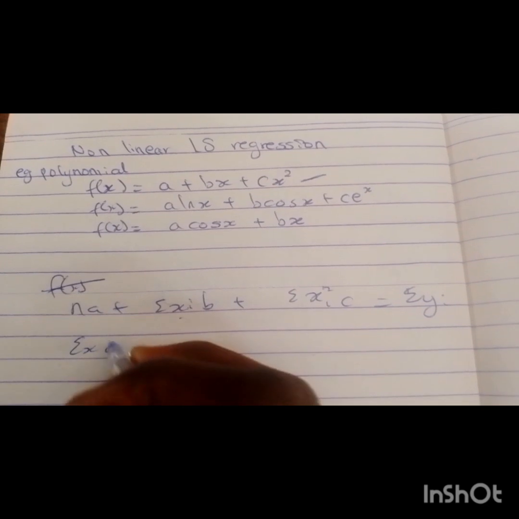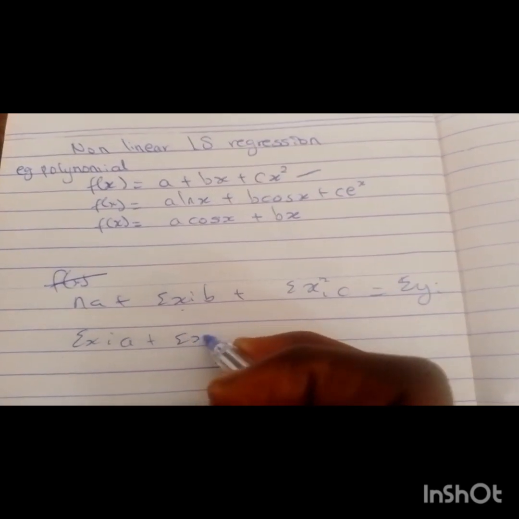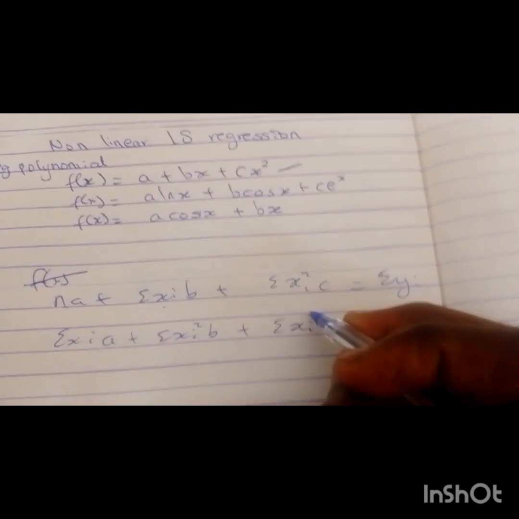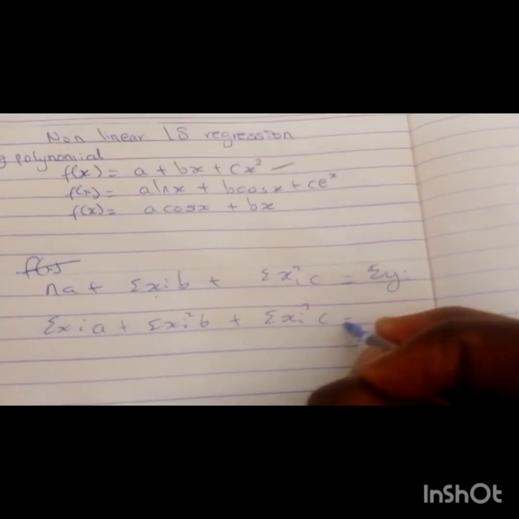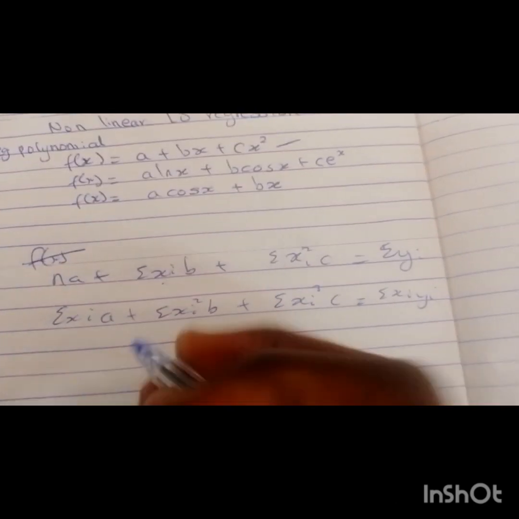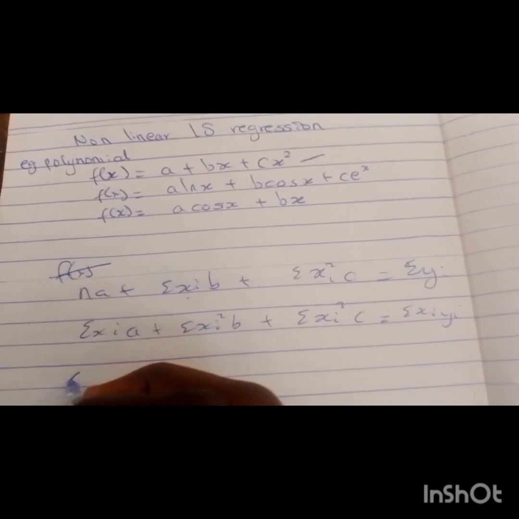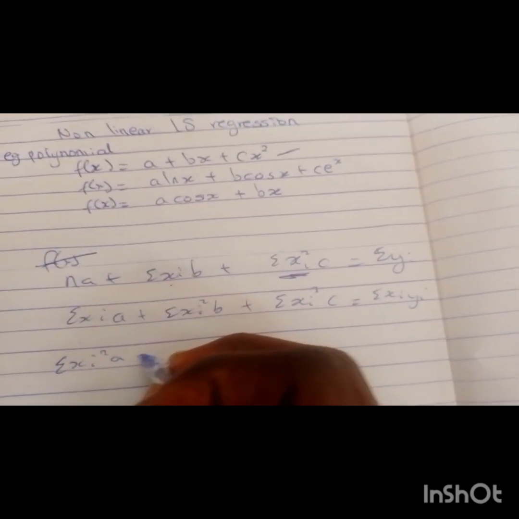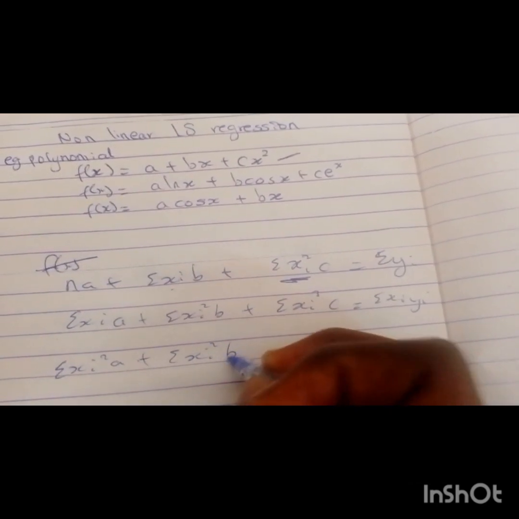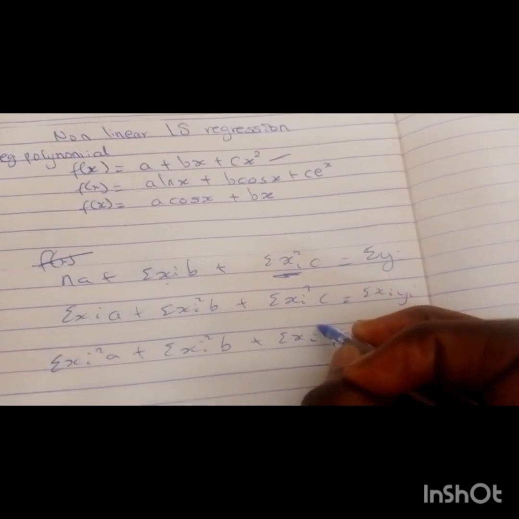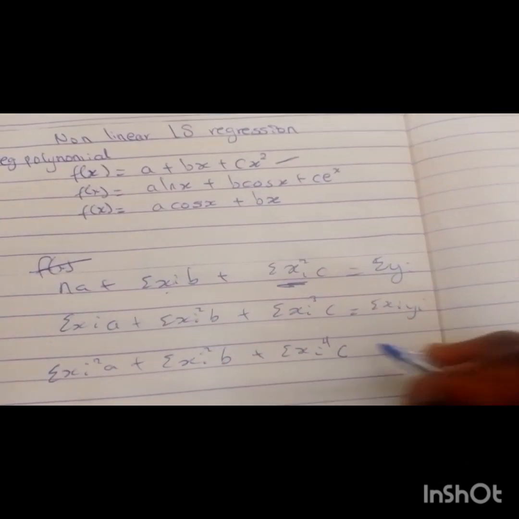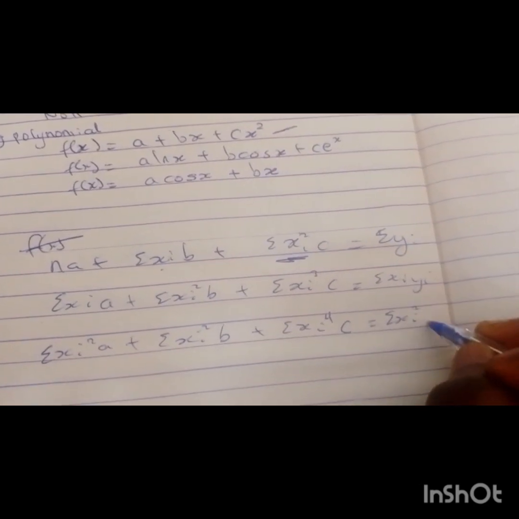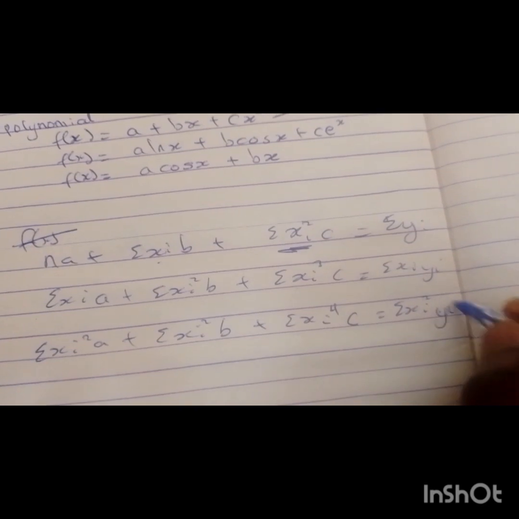So summation of xi a plus summation of xi squared b plus summation of xi cube c equals summation of xi yi. And then your third equation will be summation of xi squared a, we are just multiplying this one through, plus summation of xi cube b plus summation of xi power 4 c equals summation of xi squared yi.